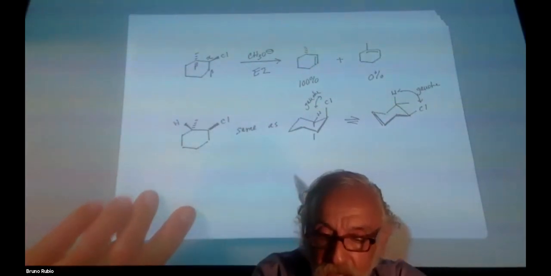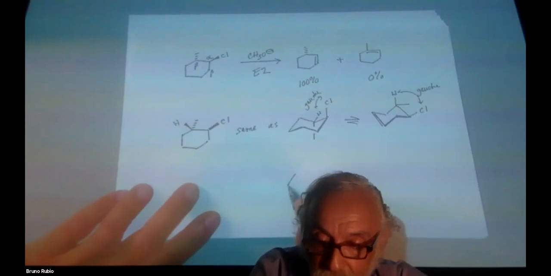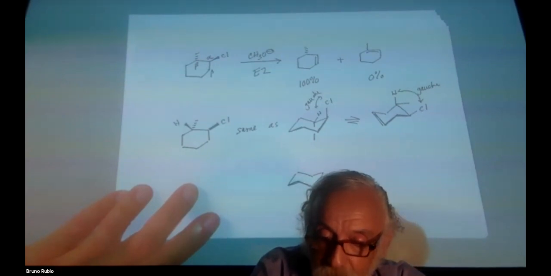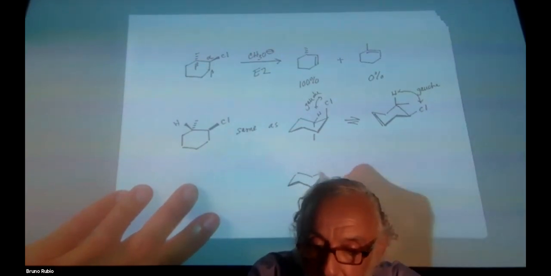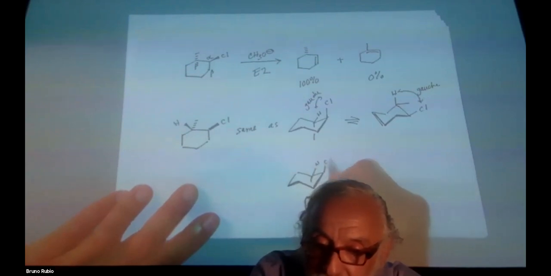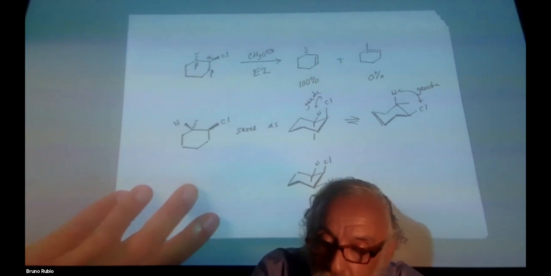Okay, so now let's look at elimination in the correct direction. Once again, hydrogen, methyl group axial, Cl equatorial, H axial. Yep, there they are.